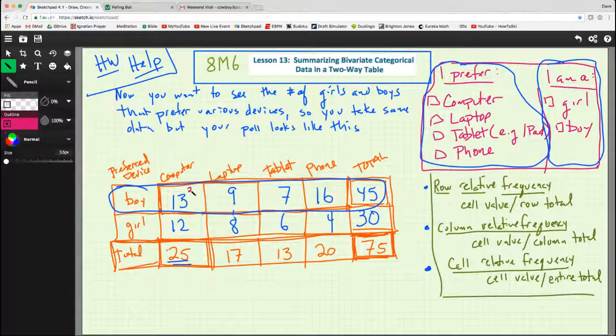So that's 29%. 9 divided by 45 is 20%. 7 divided by 45 is 16%. And 16 divided by 45 is 36%.